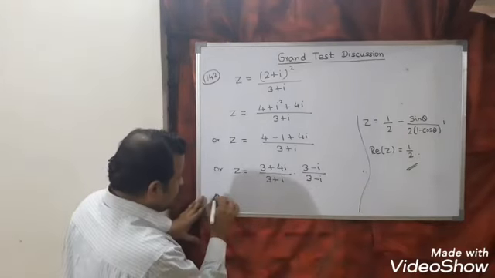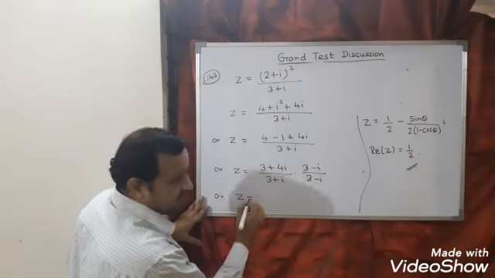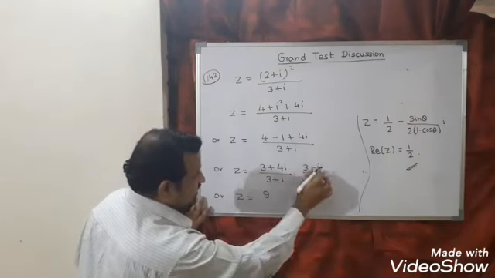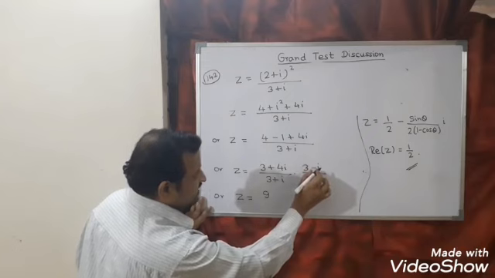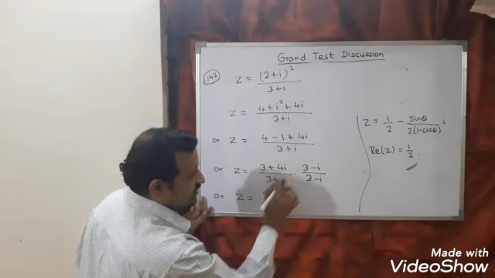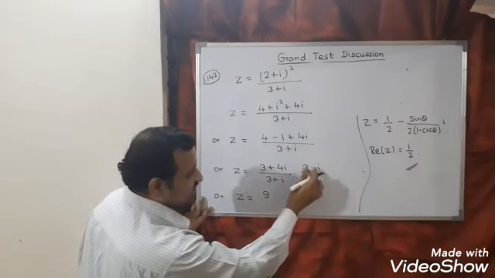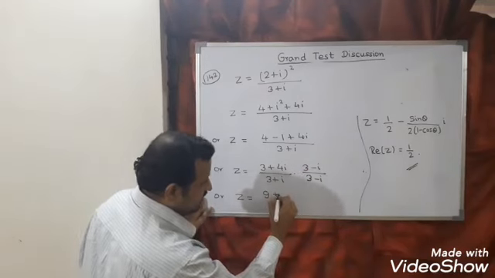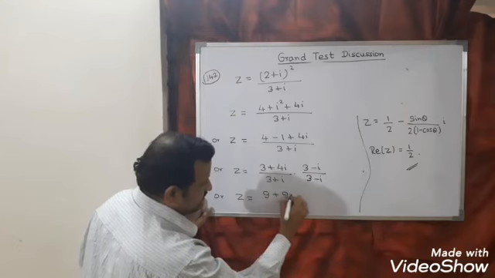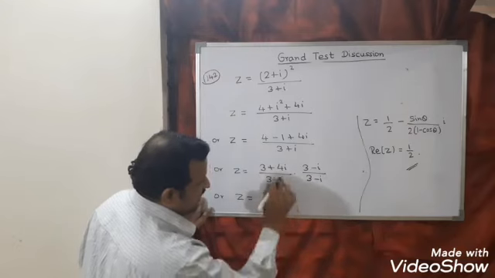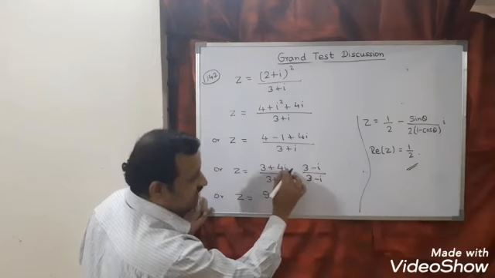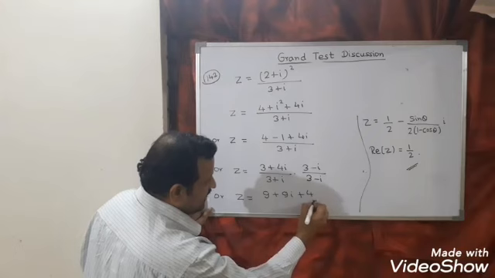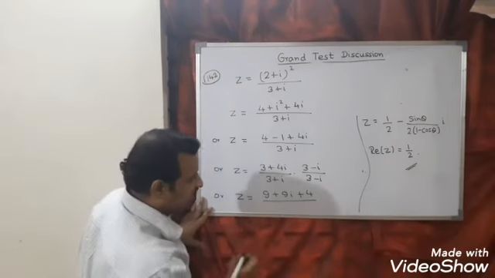Multiply. So z is equal to 3 into 3, 9. Then minus 3i plus 12i, which is nothing but 9i. And here i square, so minus means plus 4, whole divided by a plus b into a minus b.